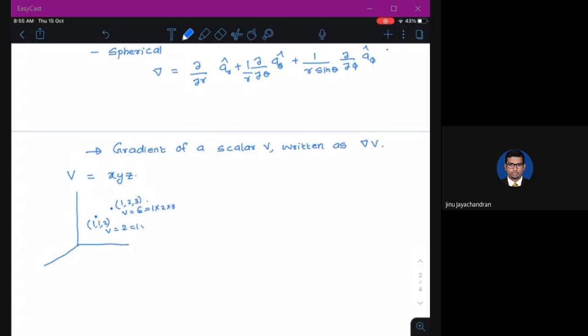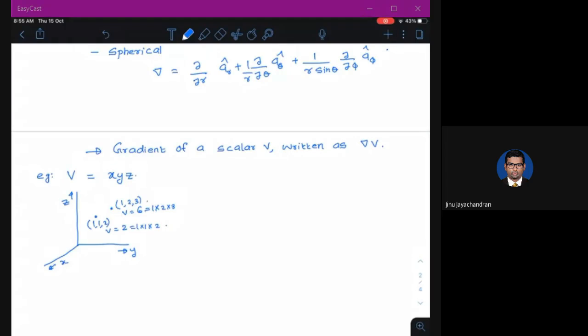This is 1 multiplied by 1 multiplied by 2. So you see that in the Cartesian coordinate system, the scalar v at each and every point is the multiplication of the corresponding coordinates. This is an example.